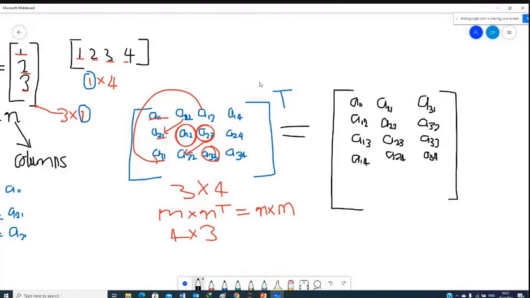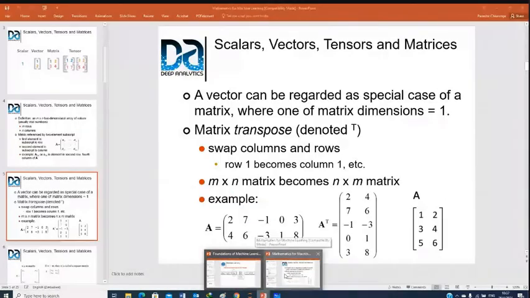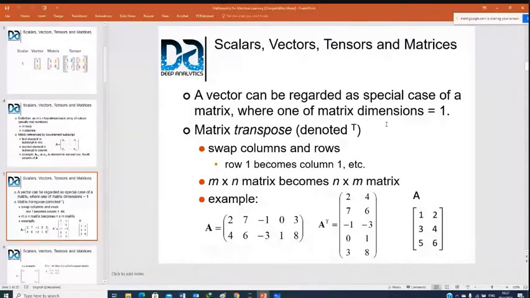So this is the transpose of a matrix. This should be straightforward. This is actually, I believe, if I'm not mistaken, Form 3 maths.